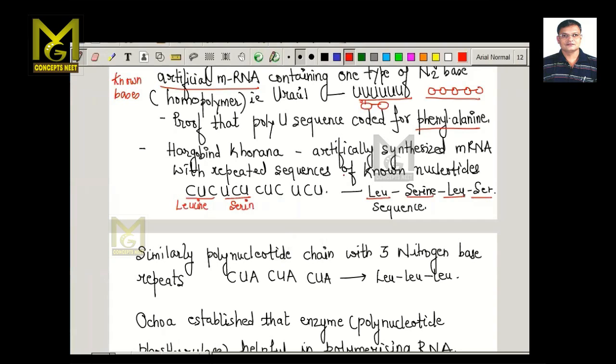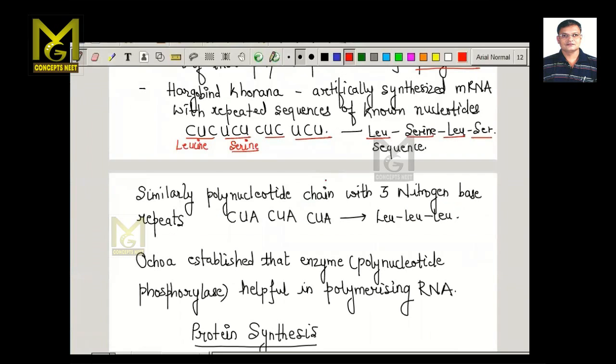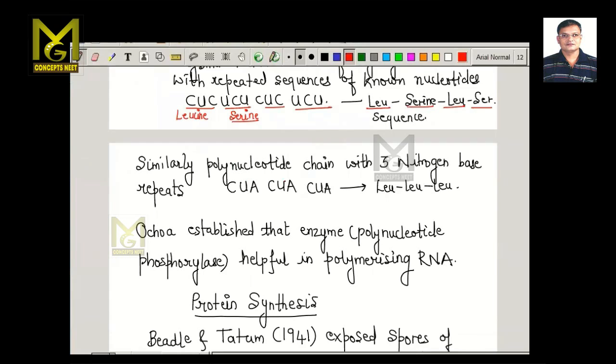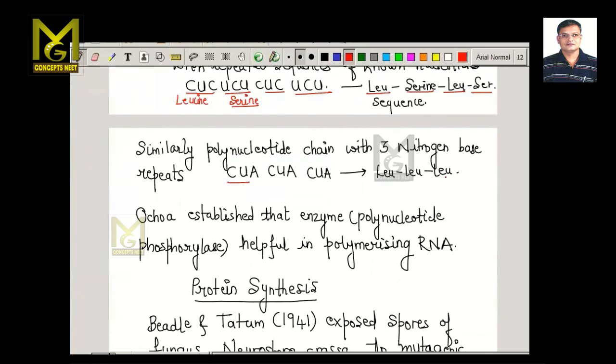So this was the contribution made by Har Gobind Khorana, where in the laboratory he could literally make the sequence of amino acids. Similarly, a polypeptide chain of such repeats like CUA was also made, and it gave rise to a type of amino acid which was similar.